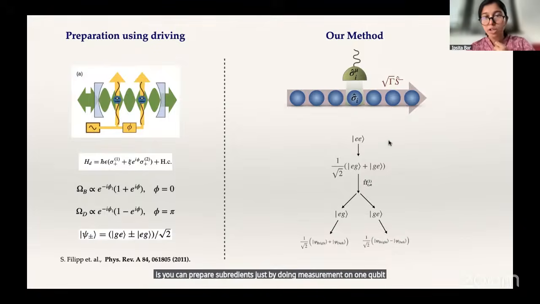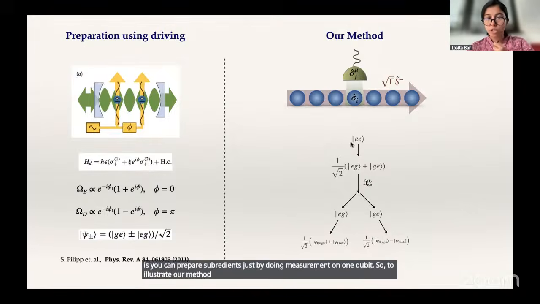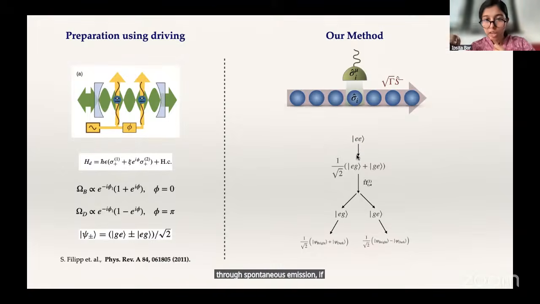To illustrate our method using two qubits, if you take two qubits in a fully excited state, through spontaneous emission, when it emits one atom, it goes to this bright state Eg plus Ge.